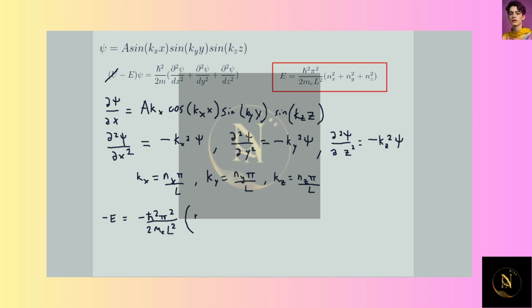And then all that's left is nx squared plus ny squared plus nz squared. And as we can see, the minus values will cancel, so we can just remove those. And that leaves us with the answer as required.